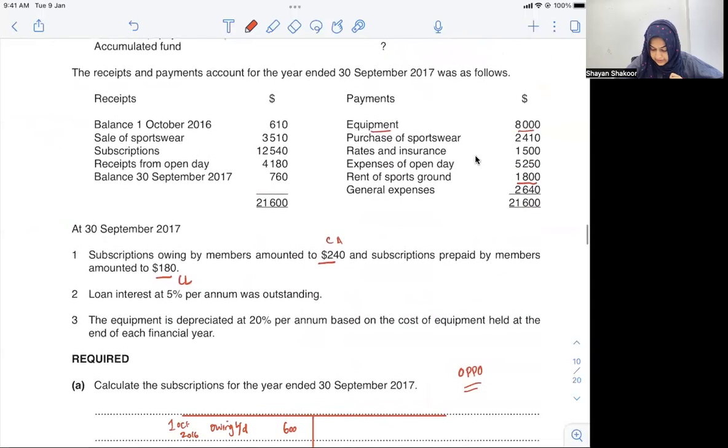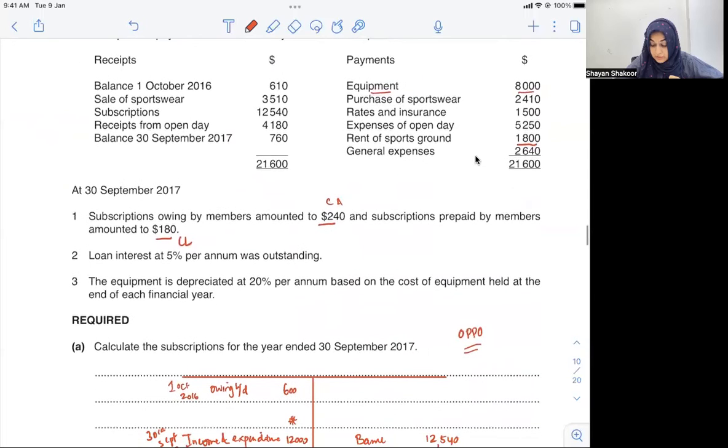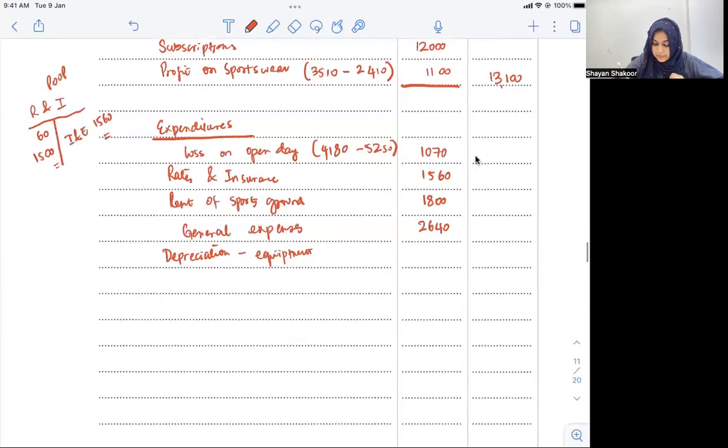Now, what they're saying is that the equipment is to be depreciated at 20% per annum based on the cost of equipment held at the end of the financial year. So we had 22,000 cost of equipment, and we bought a new equipment for 8,000.